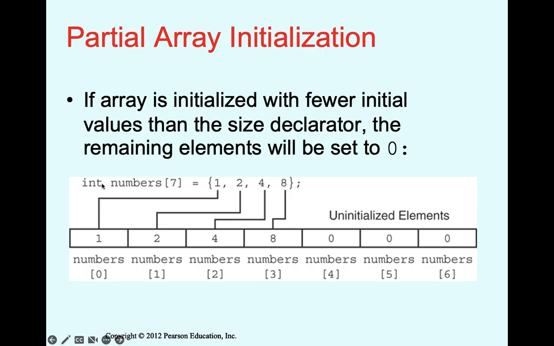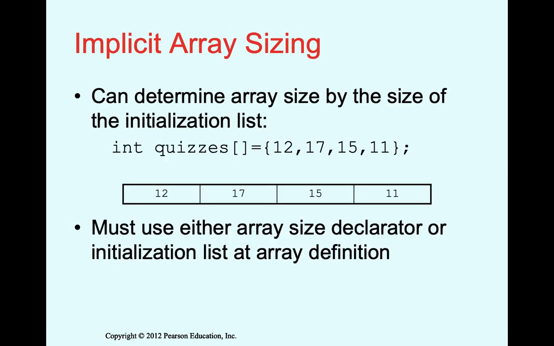You can also define an array of 7 elements, and only initialize, like, 4 elements. So this will give 4 elements, and the rest will be zeros. If you didn't mention in the list the complete number of elements, the rest of the elements will be initialized to 0.